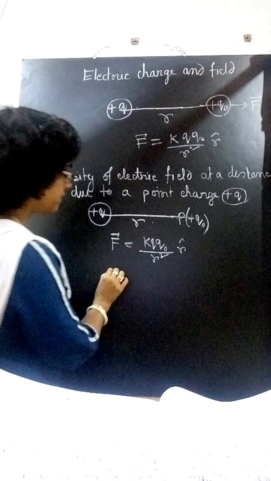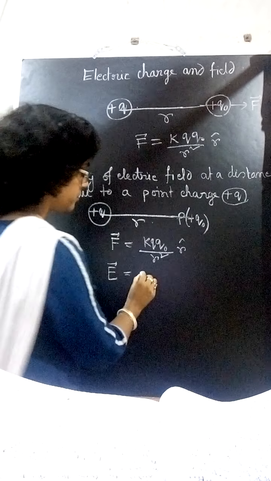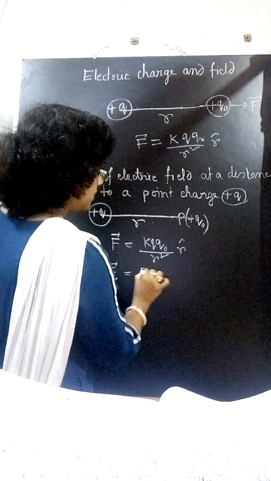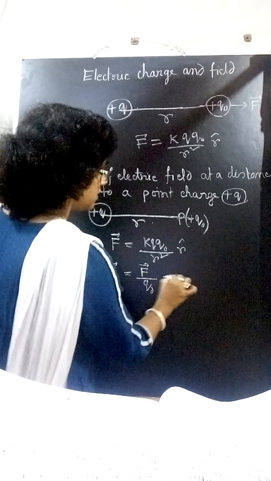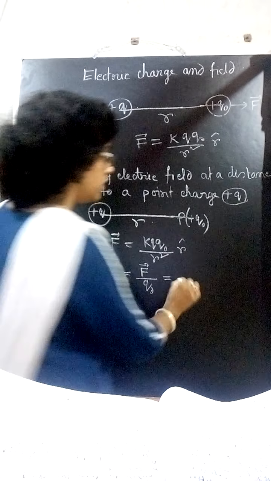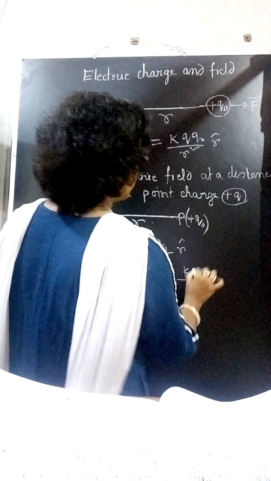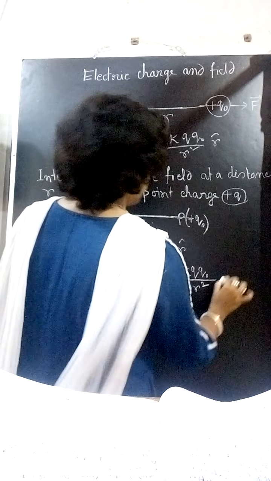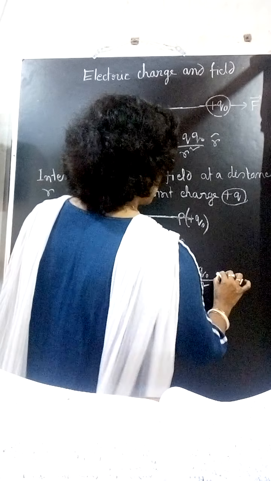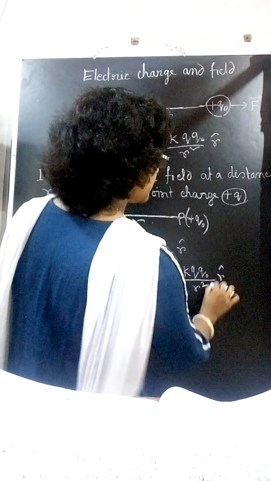So electric field intensity is equal to, from the formula, F by q0. So F is equal to K q q0 by r² r cap, and q0 is there.